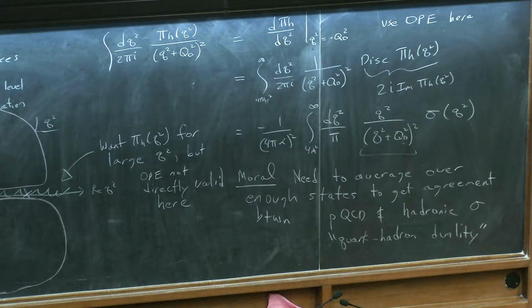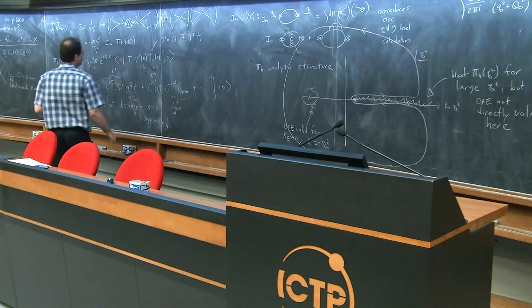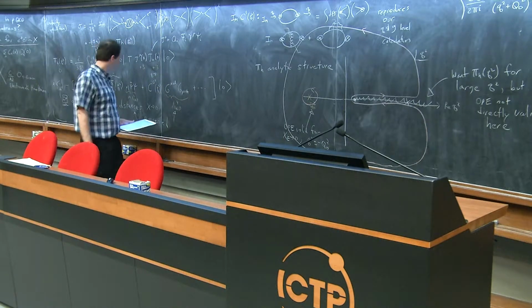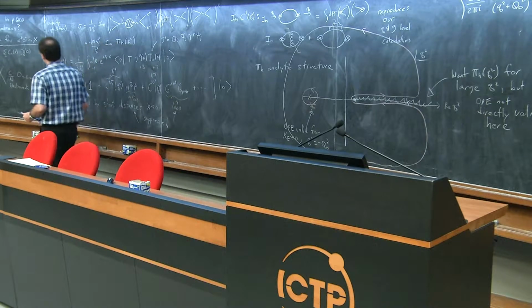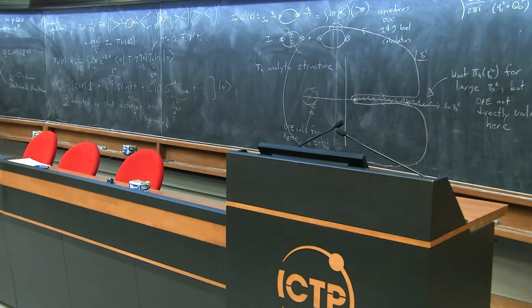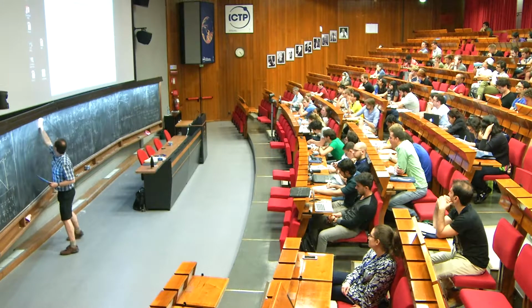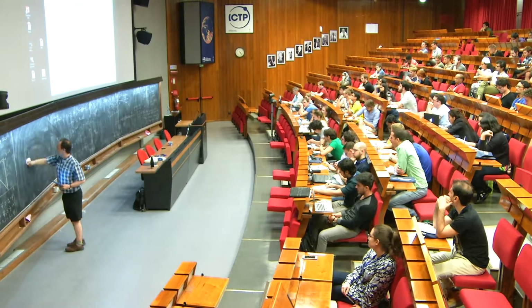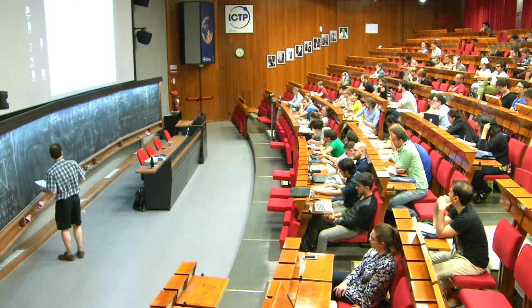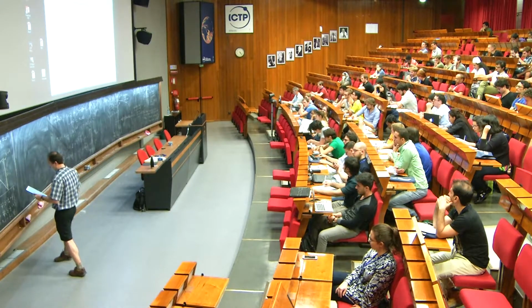And if you actually look at the data, you could have convinced yourself that that is necessary. So let me give you a picture for what the data looks like. Because the data is going to have resonances. On this cut, there are states that are just hadronic states that open up, and then there's a resonance. And nothing in my perturbative QCD calculation necessarily will get the structure of that resonance right.